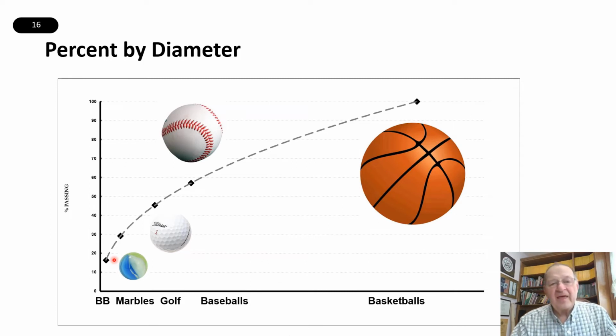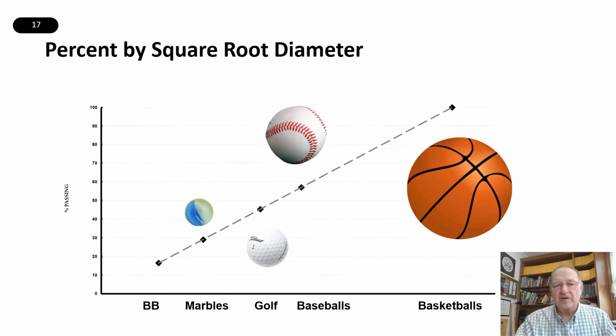Now, if instead of making a plot of the percent smaller than a certain size versus the diameter of the balls, I did this based upon the same plot, but based on the square root of the diameter of the balls, I would get a curve that looks like this.